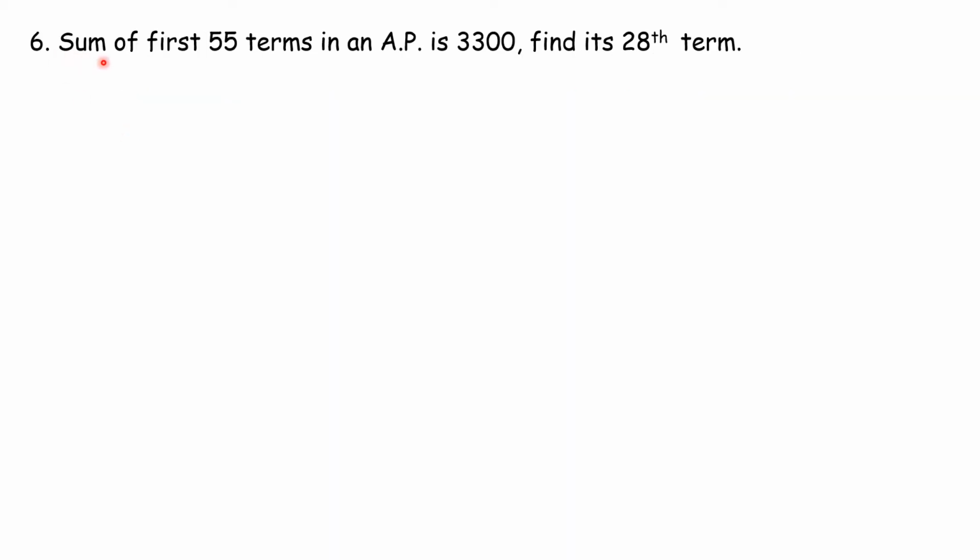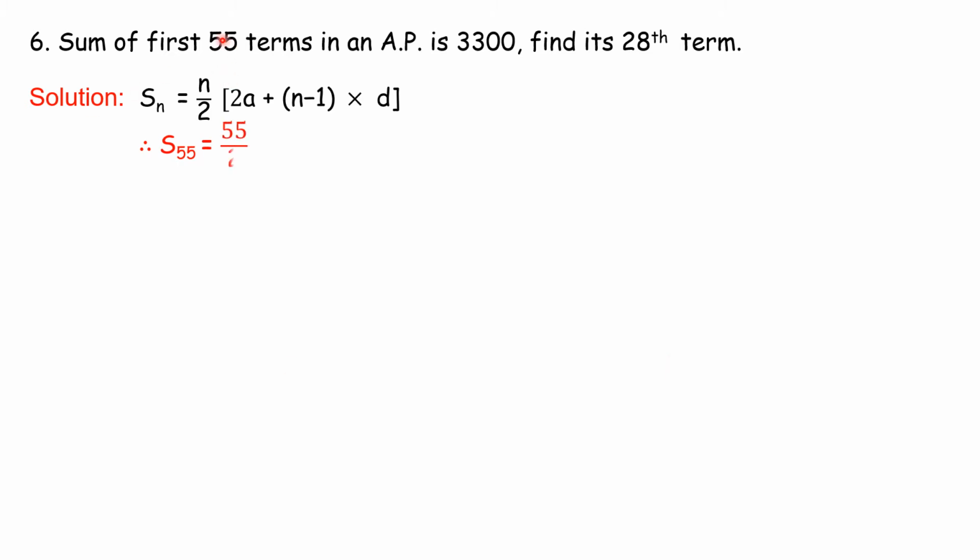Sixth example. Sum of first 55 terms in an AP is 3300. Find its 20th term. Solution. Write down the sum of n terms. Now substitute the values.